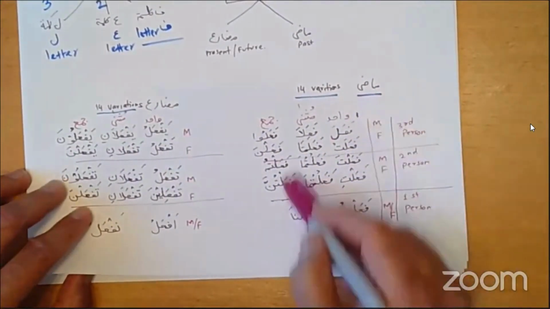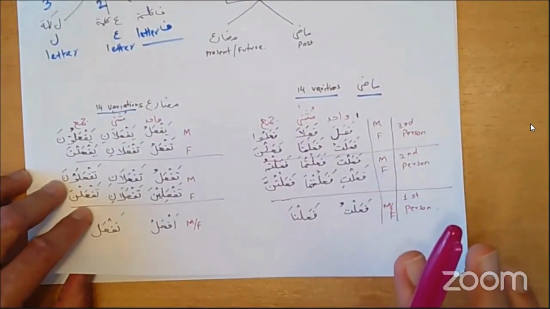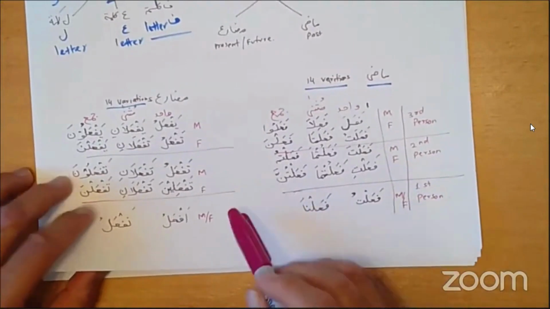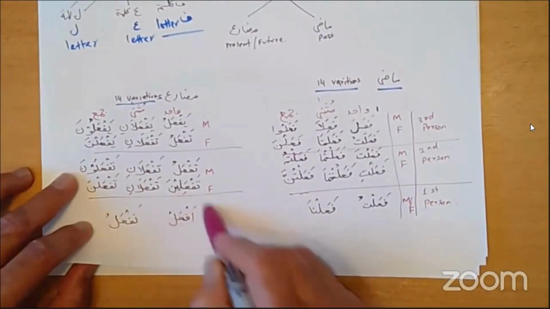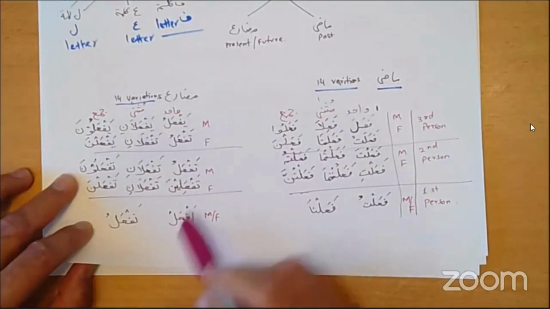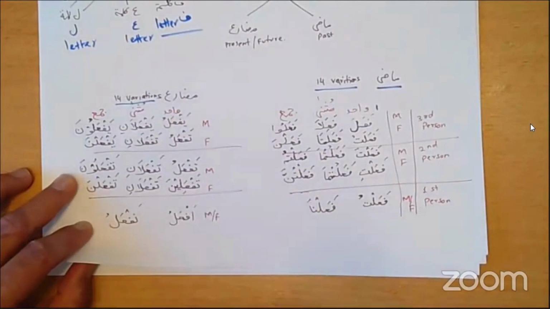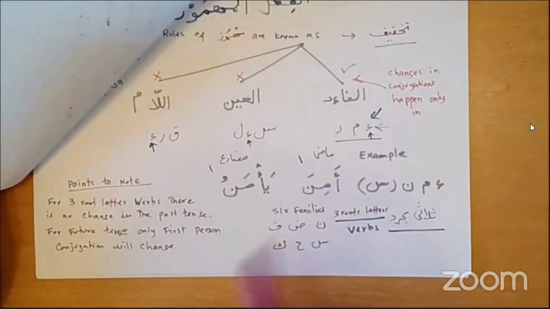That in the madi, there is no change when it's hamza in the fa position. And the only change that happens in the mudare is in the af'alu part. Everything else stays the same. Only this siga number 13 is the one which is affected by the mahmuzul fa.